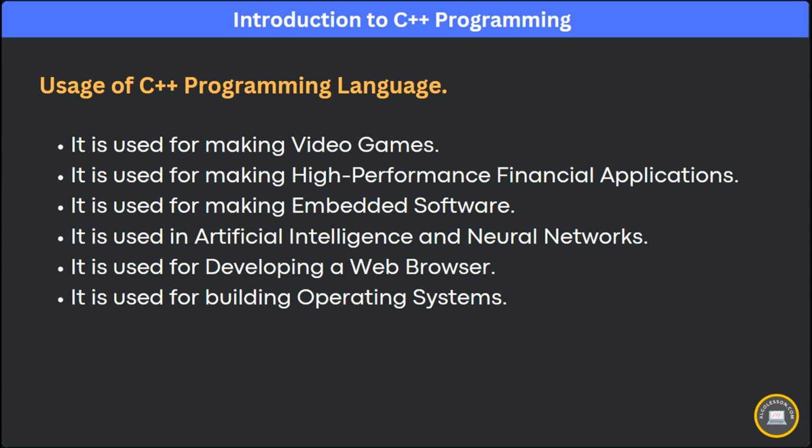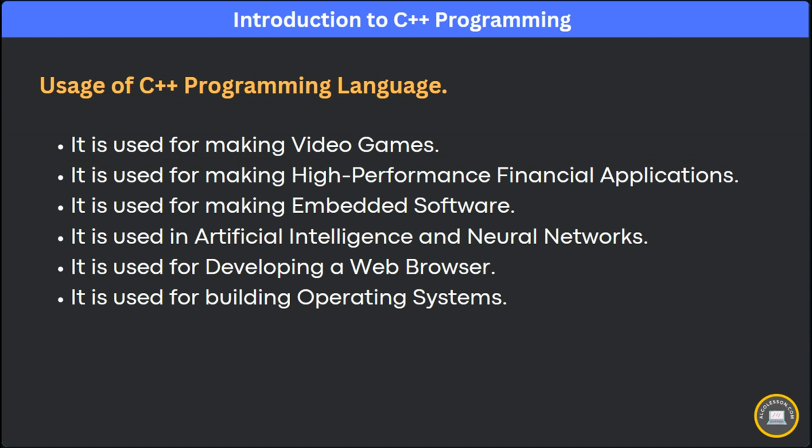It is used for making embedded software. The next use is that C++ is also used in artificial intelligence and neural networks. Although, if you're not familiar, in artificial intelligence and machine learning we mainly use Python, there are a few cases in which we also use C++.